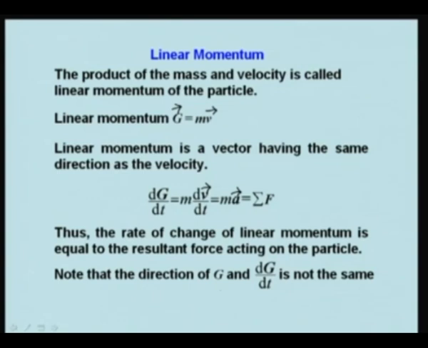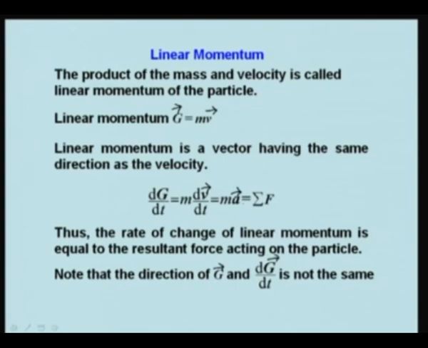Note that the direction of g and dg by dt is not the same. If you differentiate a vector, you do not always get a vector in the same direction. So, v and dv by dt may have different directions.